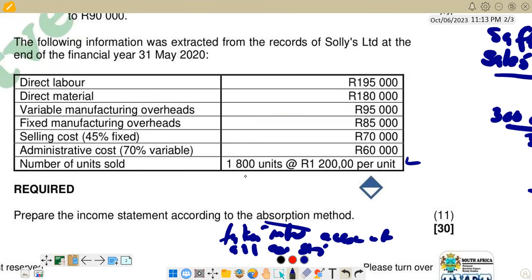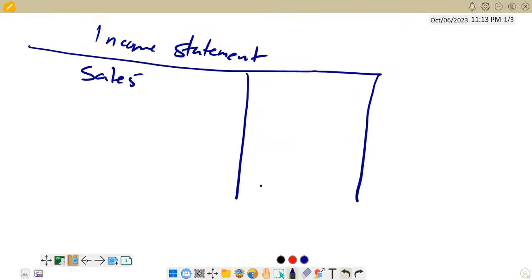So to get the total sales, we say 1,800 times 1,200 per unit, the number of units and the value per unit. If you multiply correctly, you're supposed to get 2,160,000.